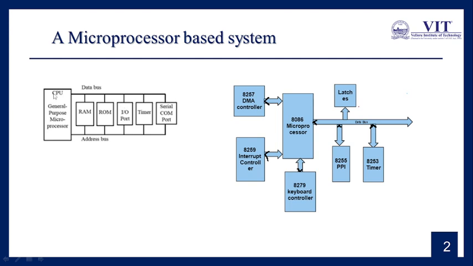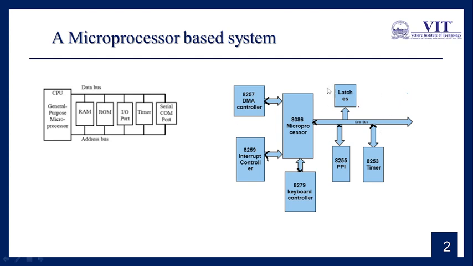The IO port is meant for reading and writing from the input-output devices. These input-output devices cannot be connected directly to a microprocessor. They have to be connected through ports or via something, and that something is called the interface.